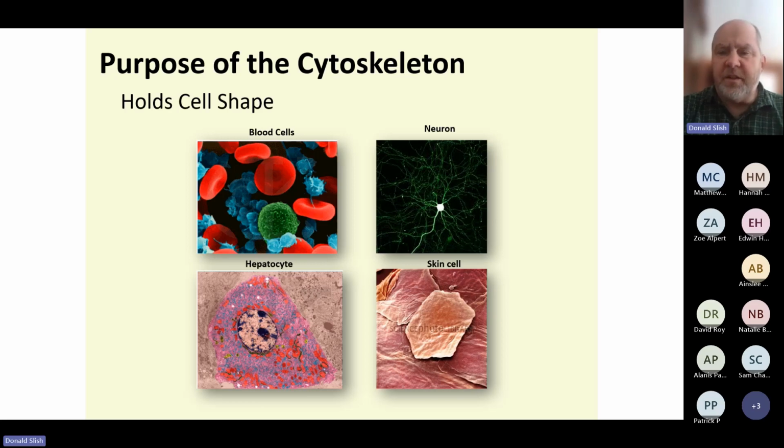Another thing that the cytoskeleton does is, when I was taking biology way back in the early 80s, frankly, we were kind of led to believe that a cell was a bag of water with stuff sloshing around in it. That's definitely not true. That would be an incredibly inefficient way to run a cell. That's no way to run a cell.